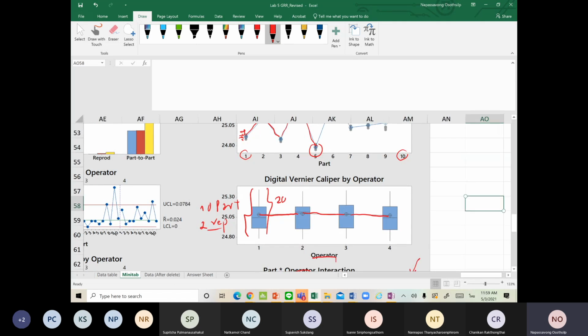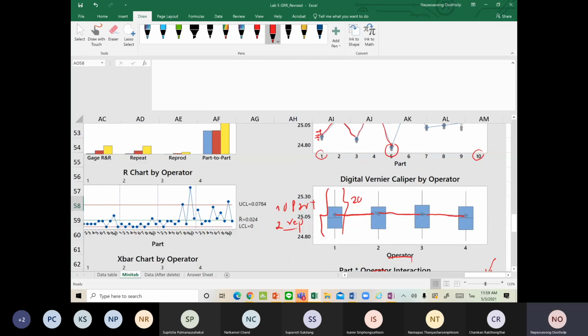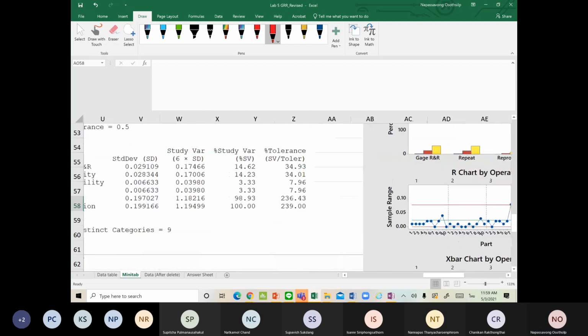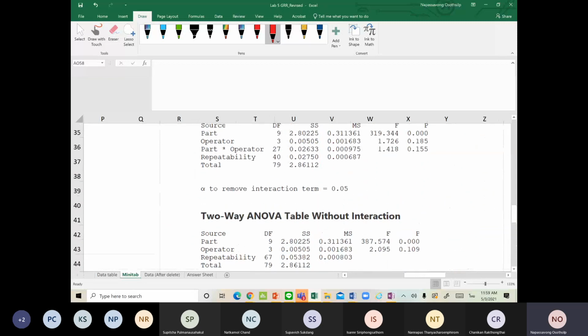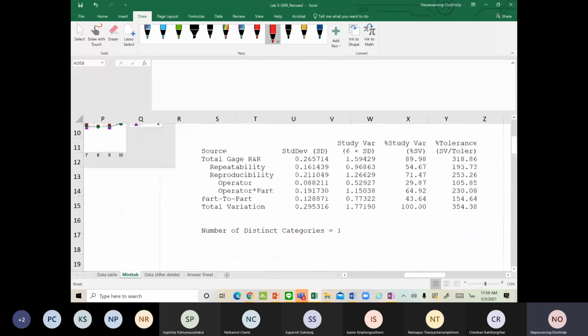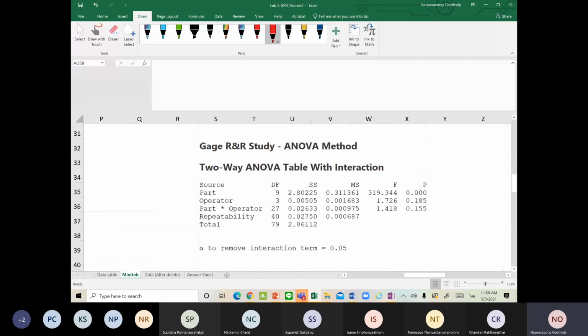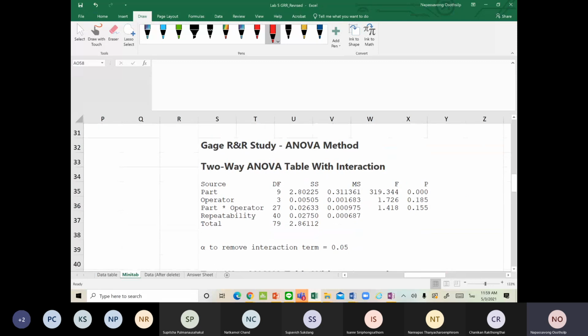So we have to take a look at the result from the ANOVA table. Remember ANOVA table in statistics course? Let me check. This is first. It will give you the ANOVA table with interaction. So in interaction, first you look at the source.